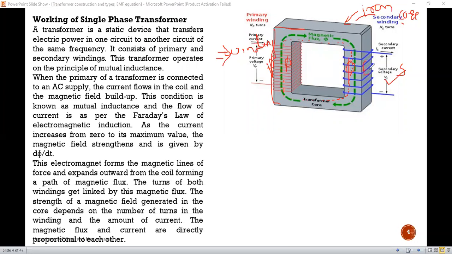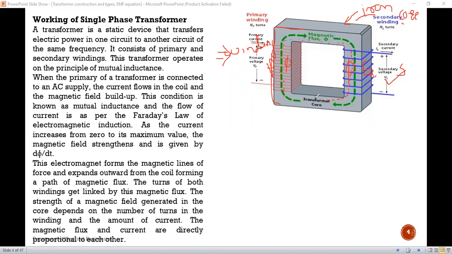So EMF is nothing but the voltage induced in the secondary coil. So that means it will convert the magnetic energy into electrical energy. That is, it will transfer electrical power from one circuit to the other circuit.